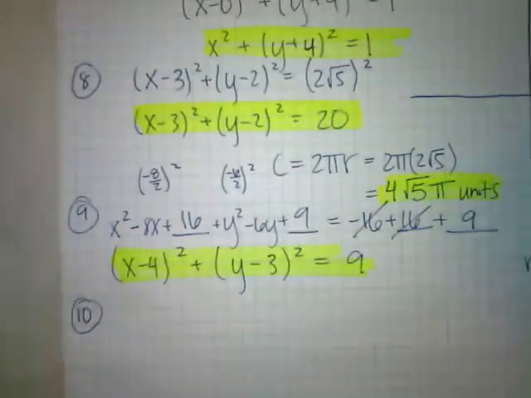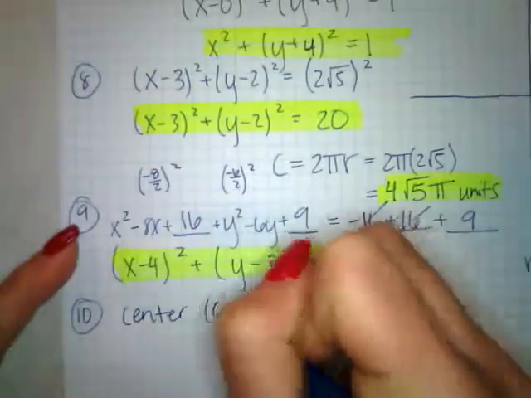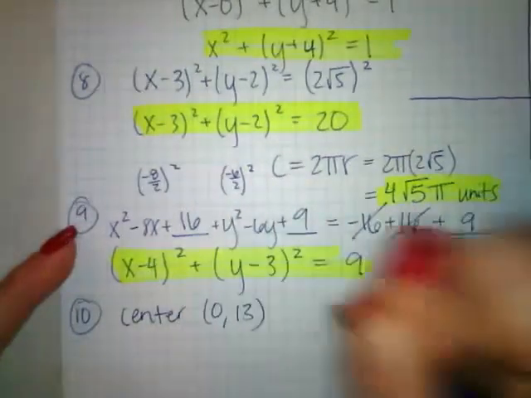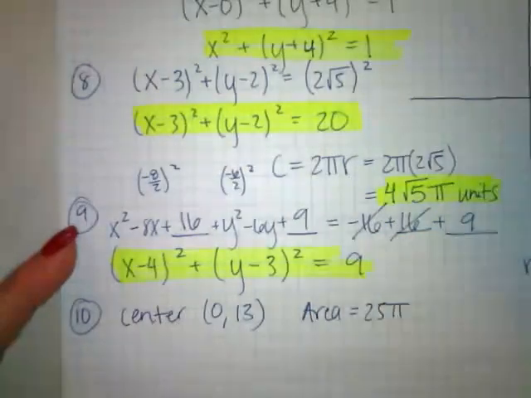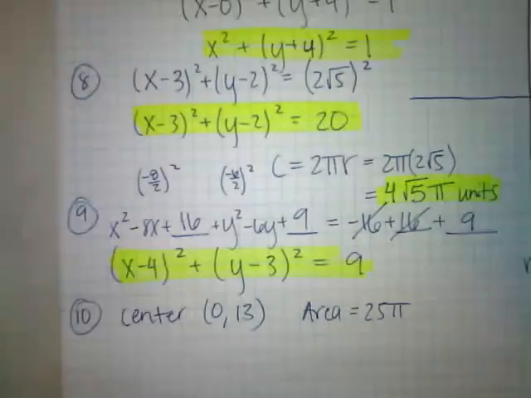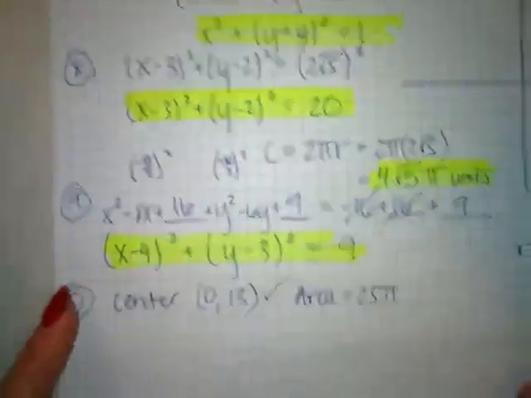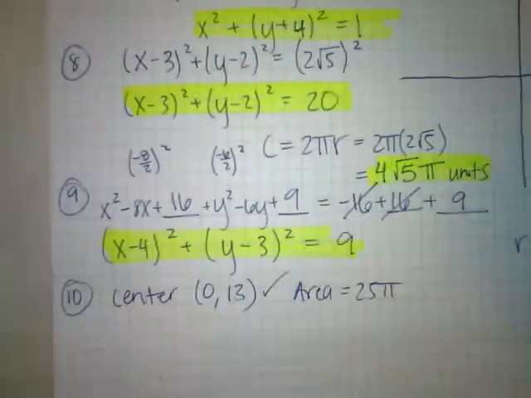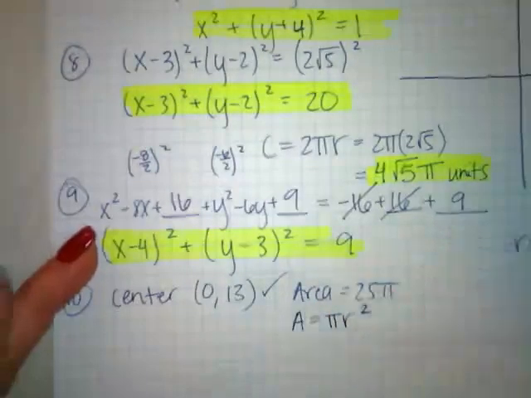It says that the center is 0, 13, and the area equals 25 pi. Well, the directions want us to write this in standard form, so I need to know the radius on top of knowing the center. Well, I know my center, so I'm going to have to use this information to somehow come up with my radius. Area is pi r squared.